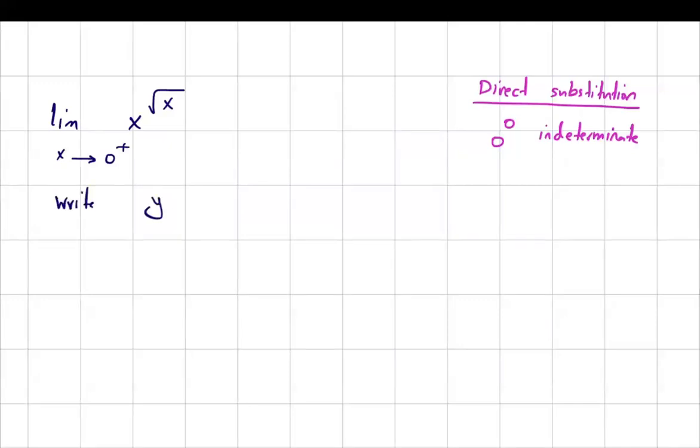Write y equals x to the power square root of x, and then take the natural log, or ln, of both sides. Our goal is to simplify this as much as we can. So ln of y is equal to ln of x to the power square root of x.